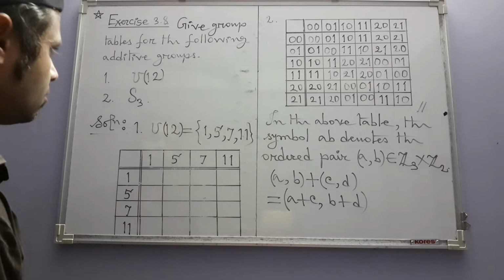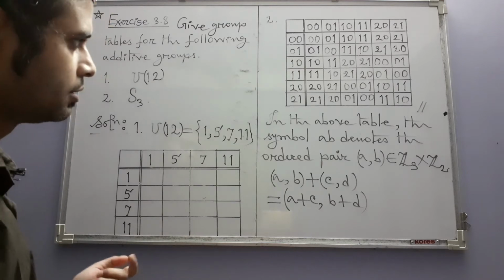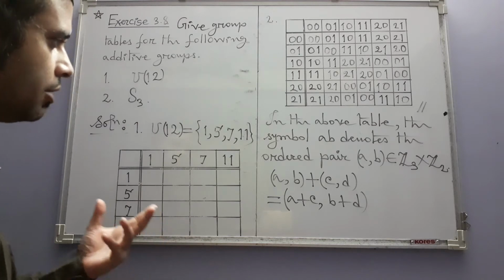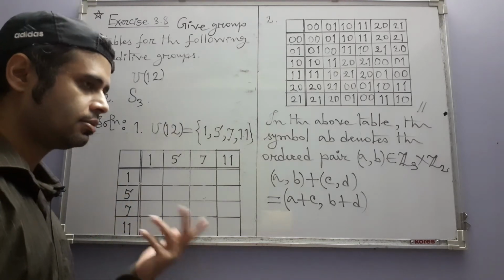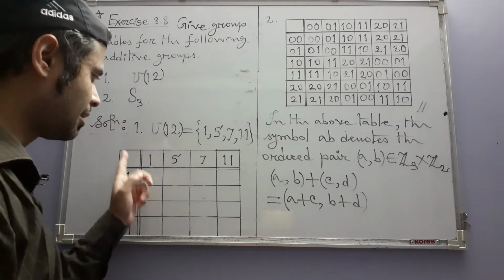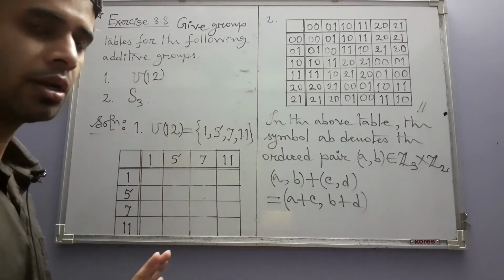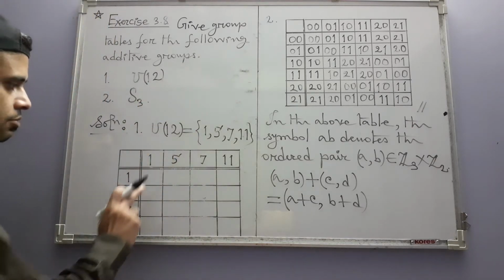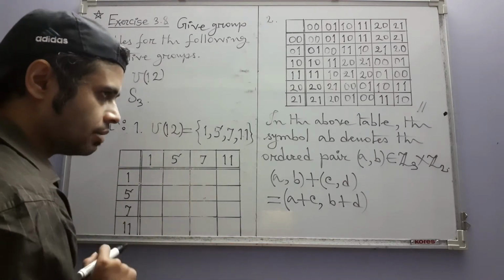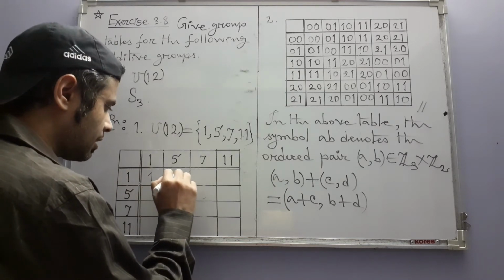Now the operation in U12 is multiplication modulo 12. So just like there we had in C3, we had addition modulo 3. We had to add two numbers and then divide their sum by 3. The remainder is our answer. This time we have to multiply the two numbers and divide the product by 12, and the remainder will be our answer. So because 1 will not have any effect on these things under multiplication, we have 1, 5, 7.